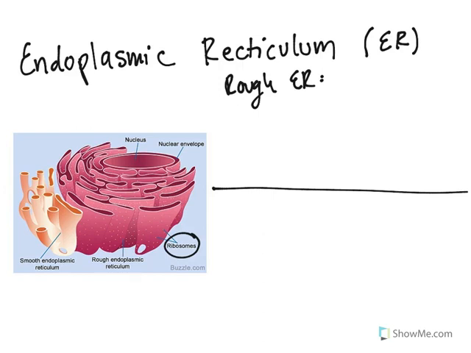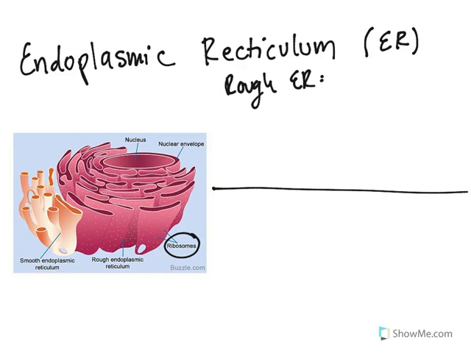You can see right here, there's a little arrow pointing to the ribosomes, and if you know what ribosomes do, it makes sense that the rough ER synthesizes certain proteins, especially ones that are destined to leave the cell. Secretory proteins that will be secreted out, and they'll be packaged and shipped in the Golgi and all that.